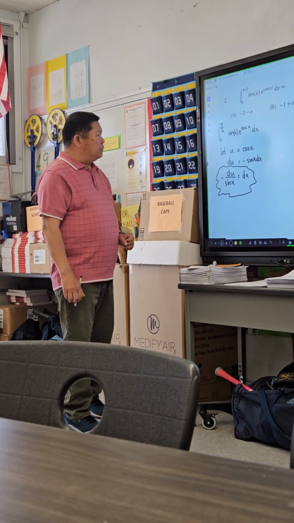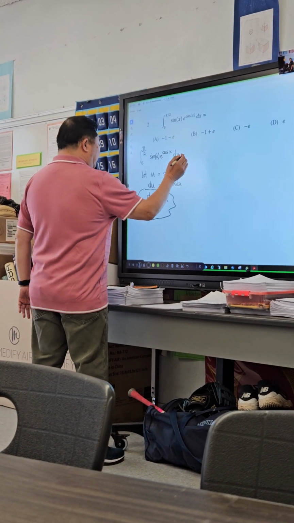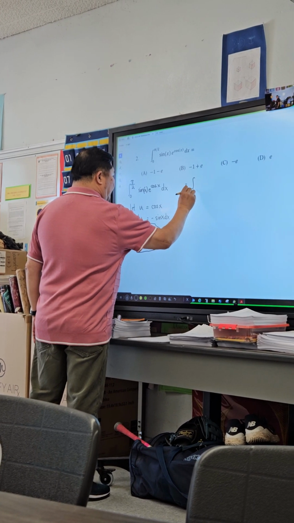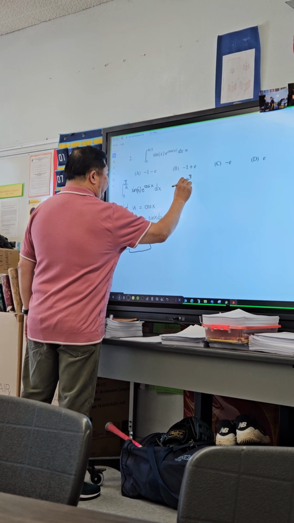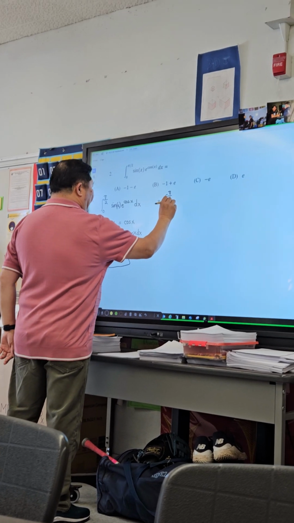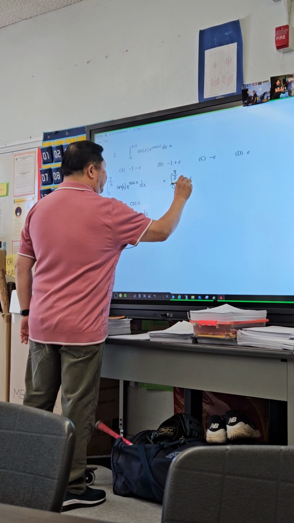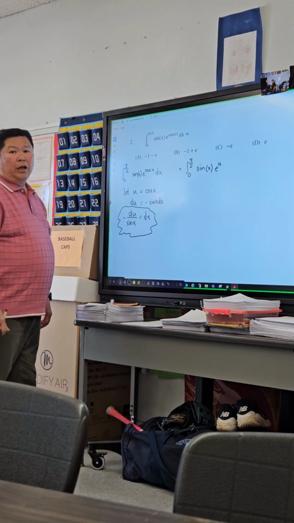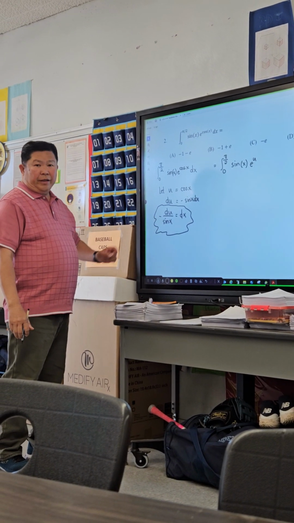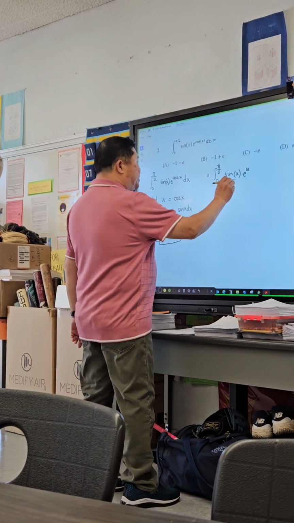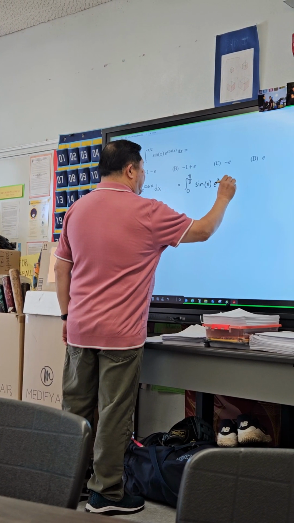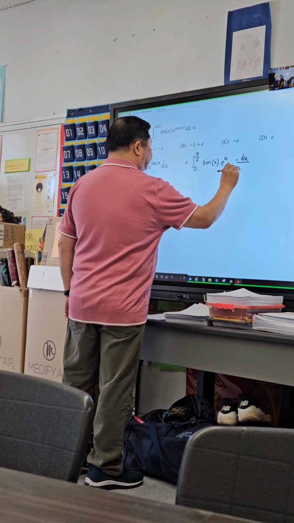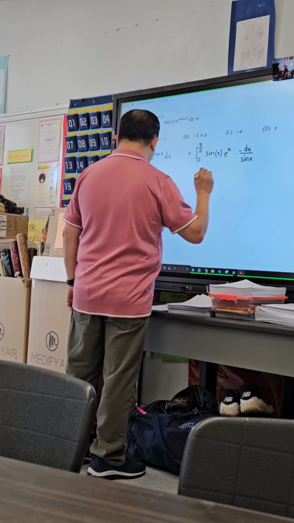Okay, so going back right here, we're gonna have the integral from 0 to pi over 2, then sine x, then e to the power of u, and then the dx is negative du over sine x.